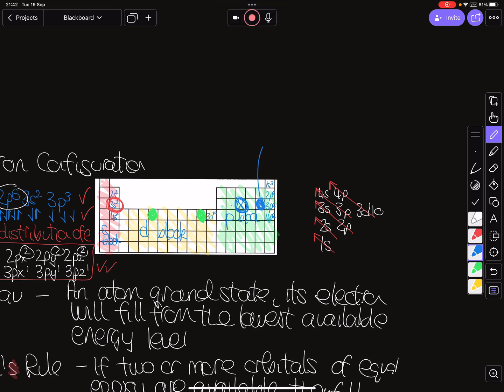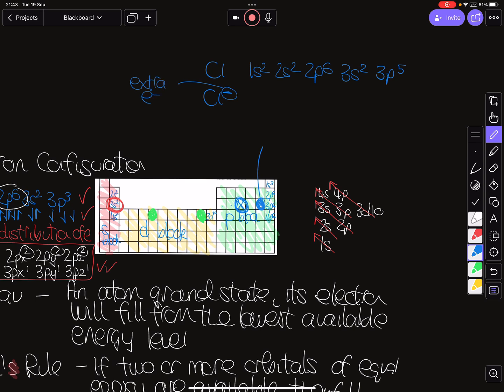So chlorine by itself, looking at our periodic table, would be written as 1s2, 2s2, 2p6, 3s2, and then we go to 3p5. If we are looking at a chloride ion, that is Cl minus. How did I get this minus? If you have a minus, you have gained an electron, so this has an extra electron.